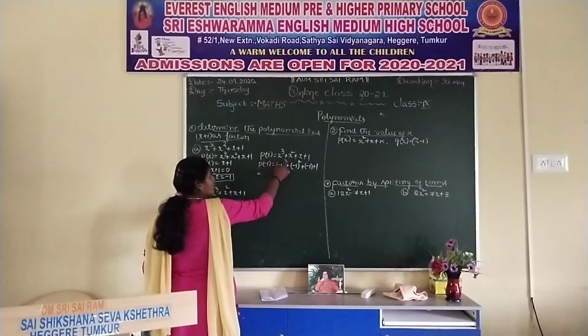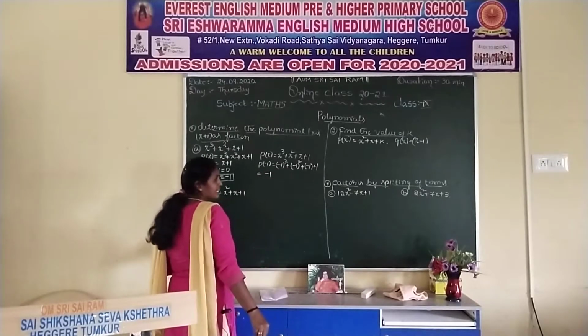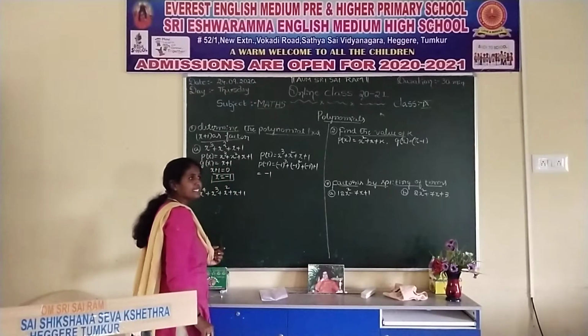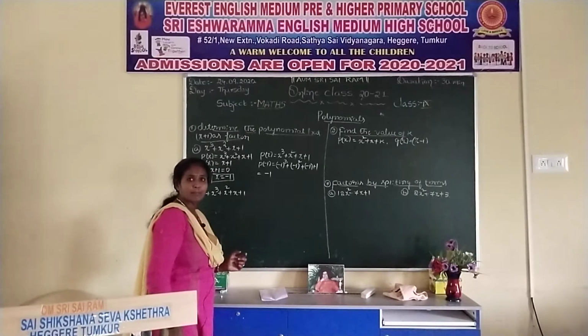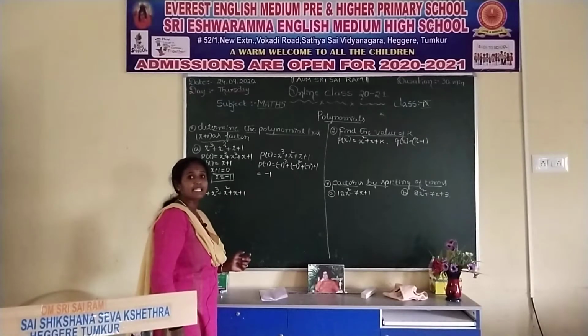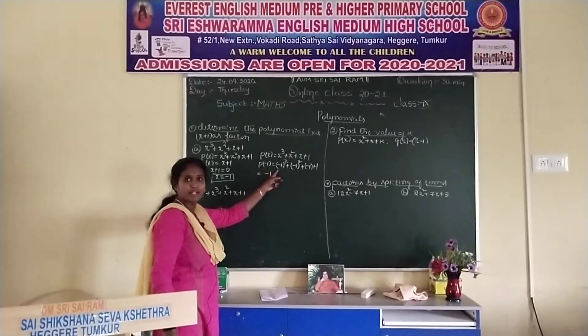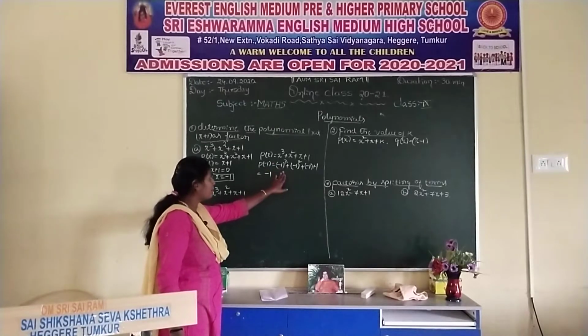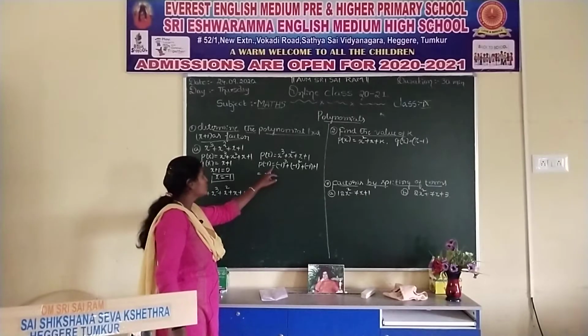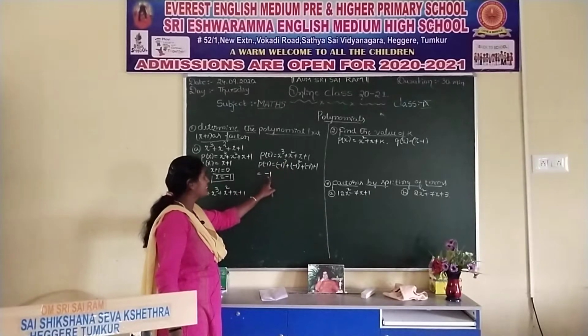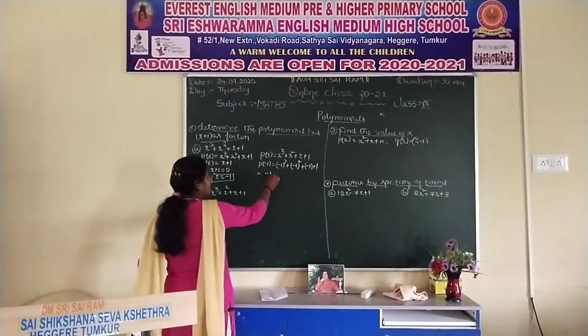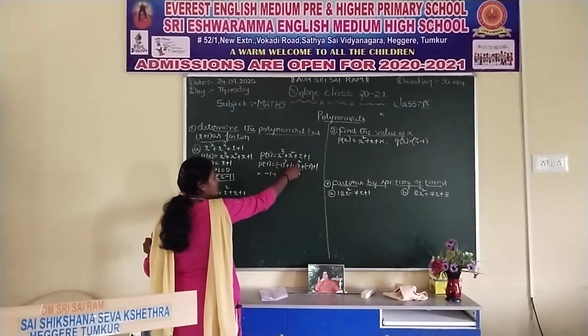So minus 1 cube is minus 1. See here, minus 1 is a negative number, and when you multiply it an odd number of times, you will get a negative number. Once you multiply it an even number of times, you will get a positive number. So minus 1 whole cube is minus 1, plus minus 1 whole square.